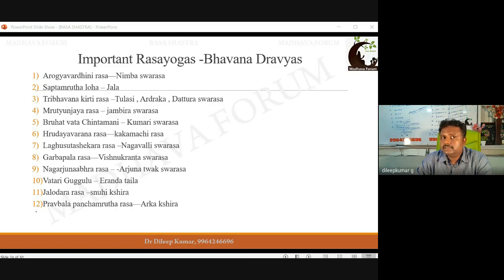Brungaraja is a drug that will control vagus nerve activity. So stress-induced gastritis, in that case also it will help. If you are in very anxiety, acid will be released in excess. If you are in sad mood, acid level will decrease.